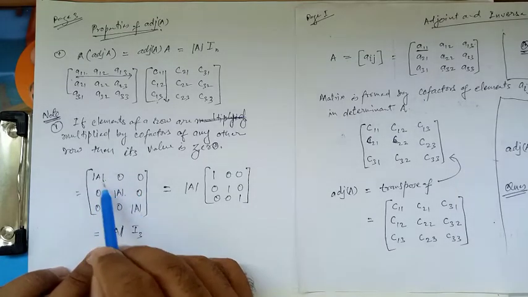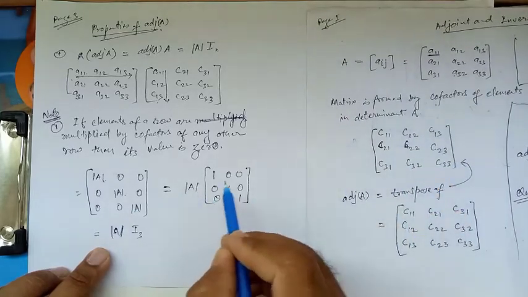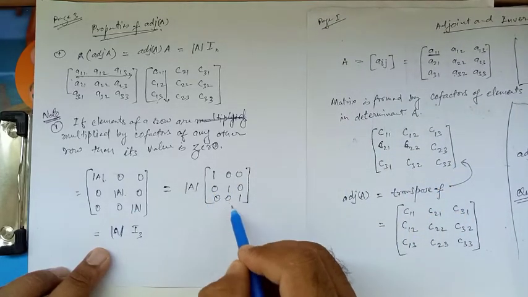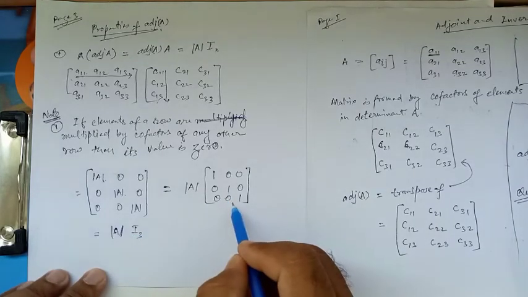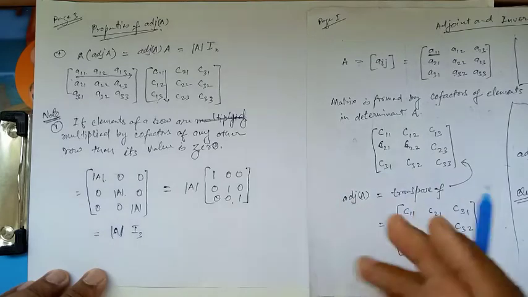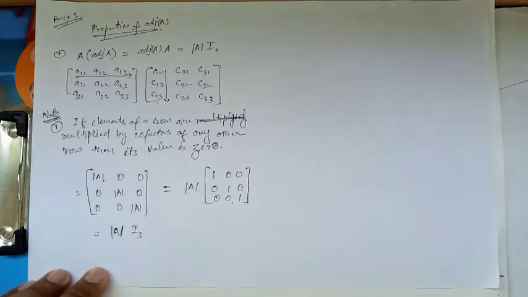So we are taking common from here, so it will become determinant of A, and definitely the remaining portion will look like this. So it will be I3, that is the unit matrix or identity matrix. So here we can stop this one.